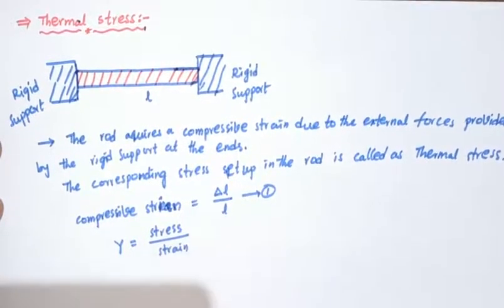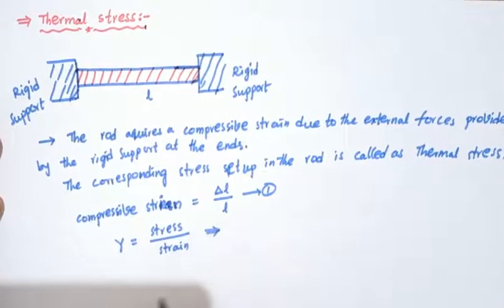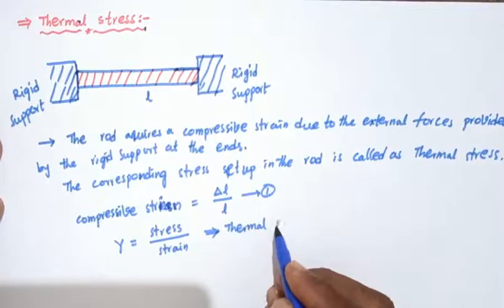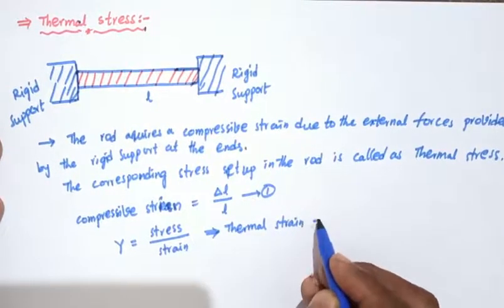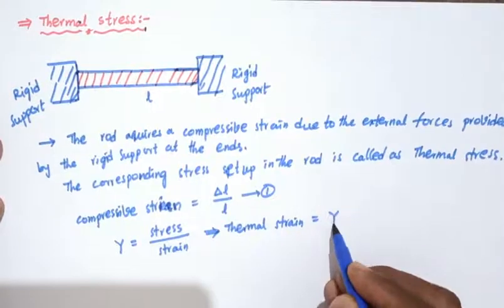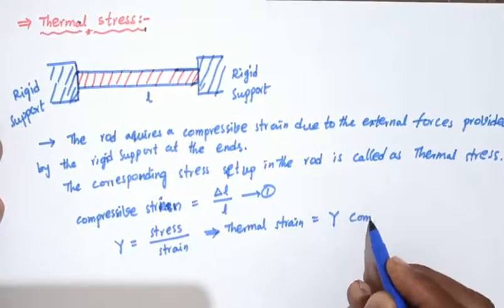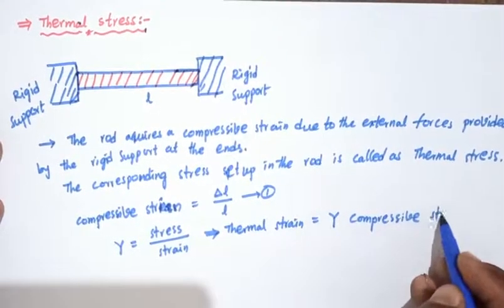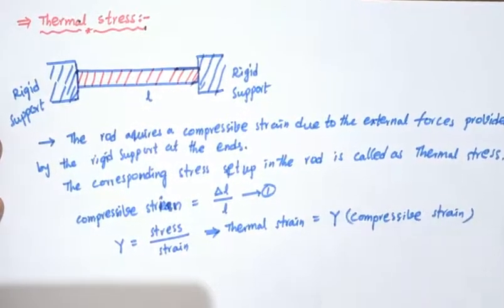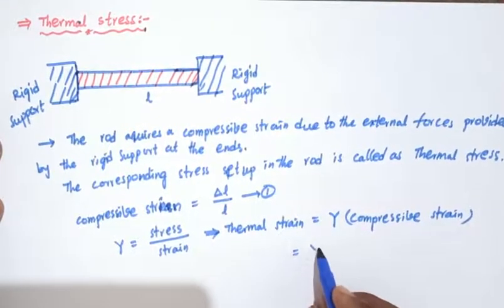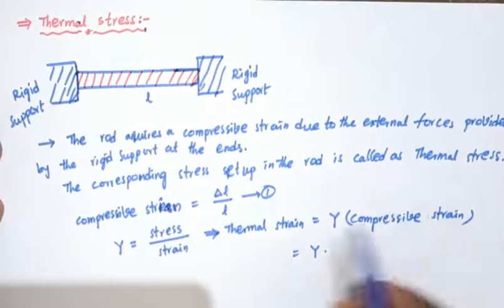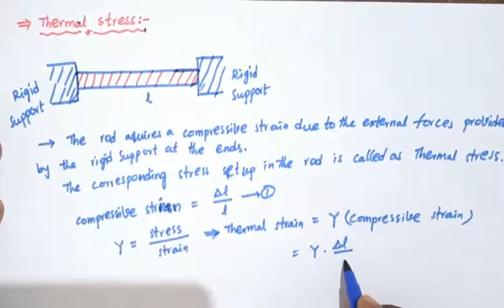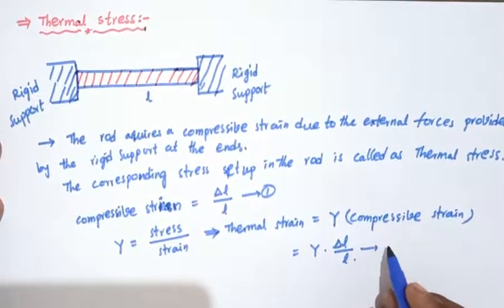So this is compressive strain. From this equation, thermal stress equals Young modulus into compressive strain, equals Y into delta L by L from equation number 1. This is equation number 2.